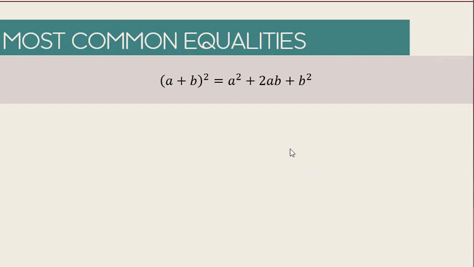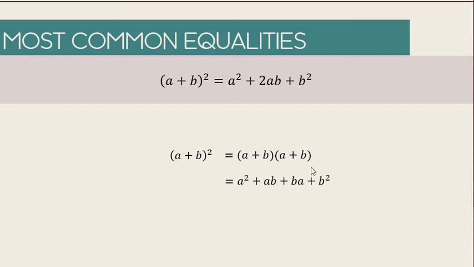Okay, and I will show you why that is. I will show you the proof for that equality. You know that (a plus b) all squared is equal to (a plus b) times (a plus b), right? A number squared is a number multiplied by itself.